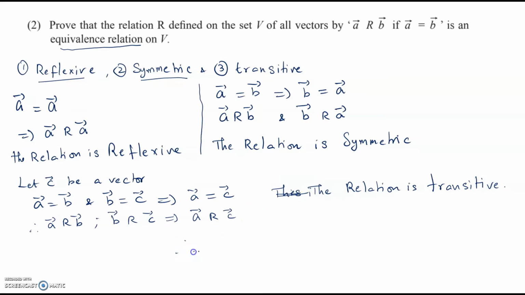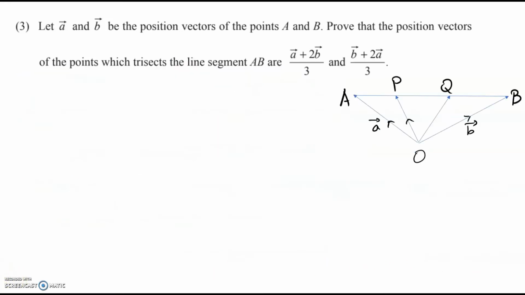Therefore, the relation R is an equivalence relation. Hence the proof.